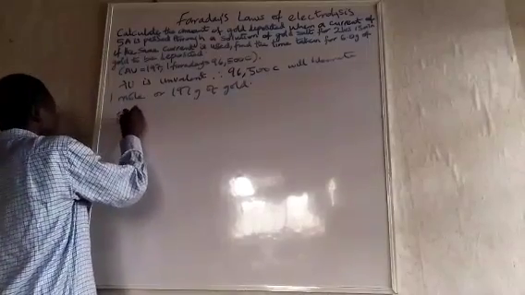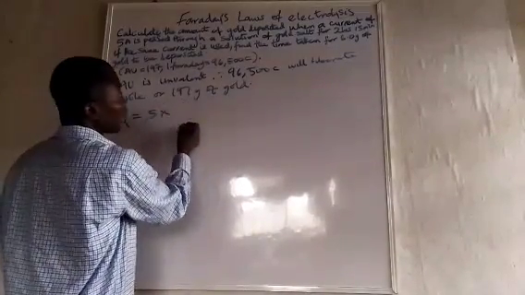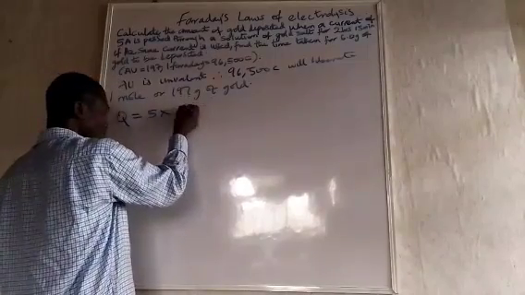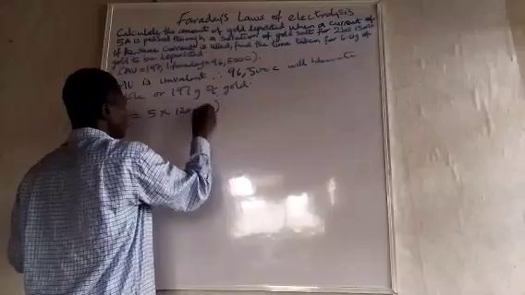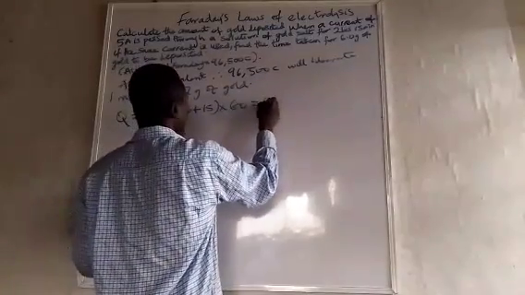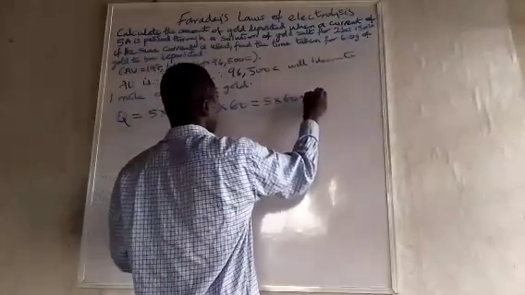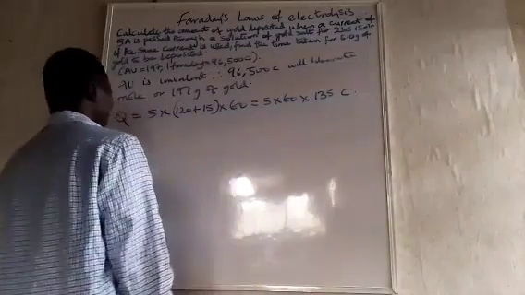We have Q equal to 5 times 2 hours, that is 120 plus 15 minutes, times 60. So which will give us 5 times 60 times 135 coulomb. That is the coulomb we have.